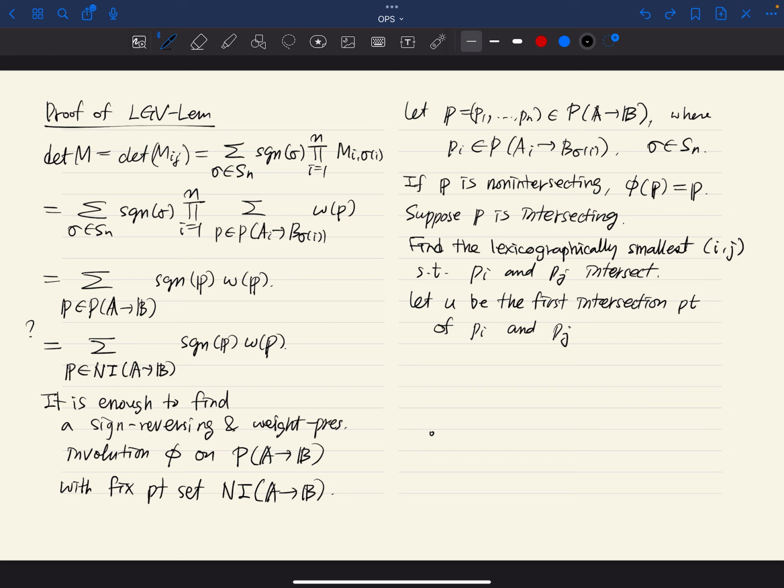So p_i goes from a_i to b_sigma(i). It goes something like this, and p_j goes to b_sigma(j). Maybe I should draw a little closer.